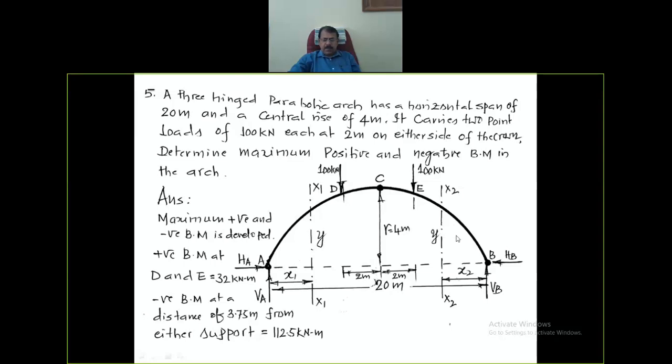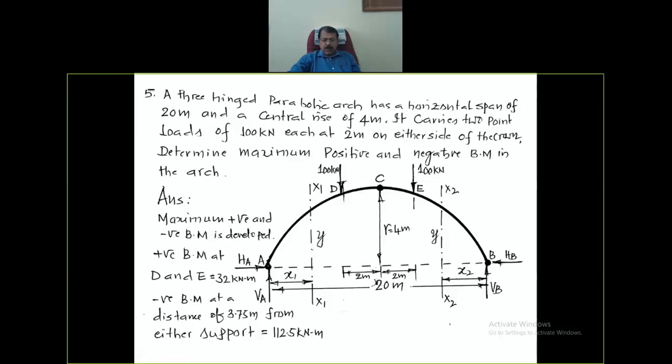Once you know the bending moment at those 2 points, here the values of distances obtained, namely x1 and the value of the distance obtained from the equation of bending moment at the section 2, that is x2, those two values are same. That means those two values will become 3.75 meter.